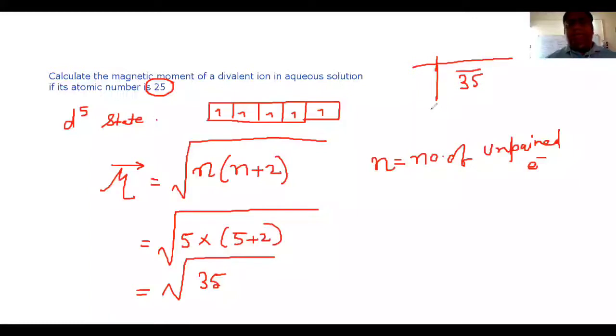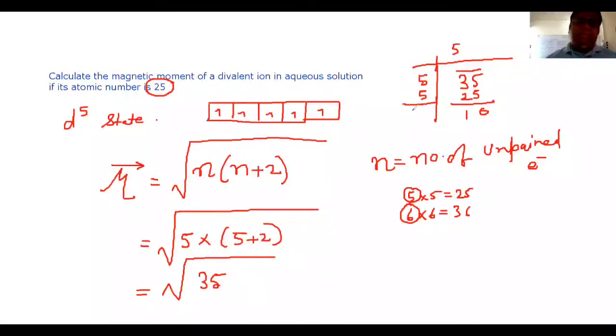We'll take these two pair. If I take 6 into 6, it will be 36. If I take 5 into 5, it will be 25. So it has to be somewhere in between 5 and 6. So where will it be? So 5 fives are 25.